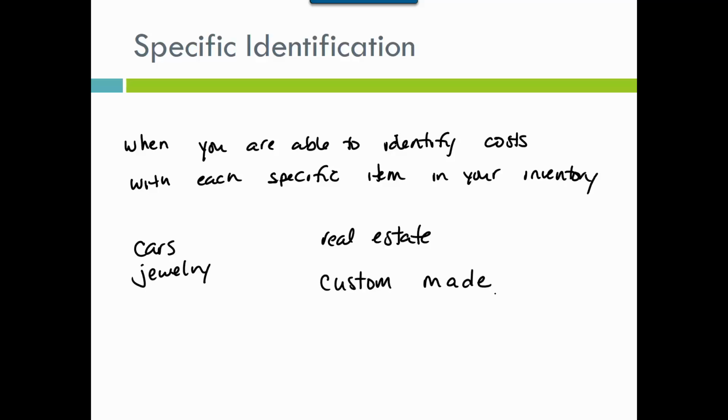You're going to know exactly how much you spent for that and how much money you put into that or how much you paid for that. So if I'm doing this specific identification, again, I know when I pull that item how much it cost me, and so I don't have to estimate like I'm going to do in the other ones.